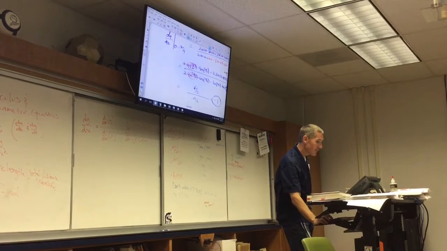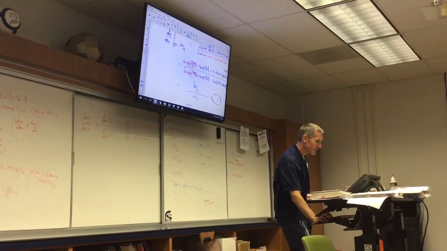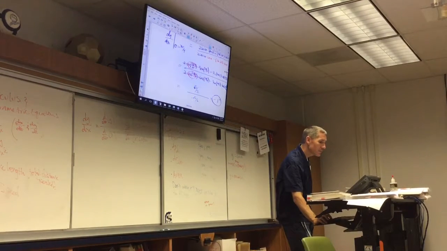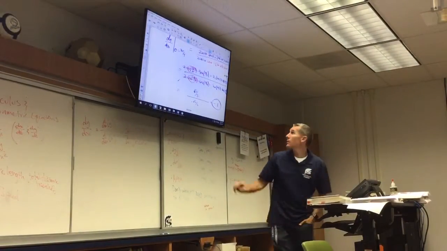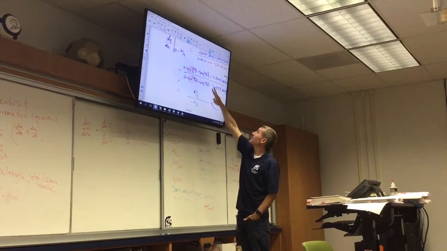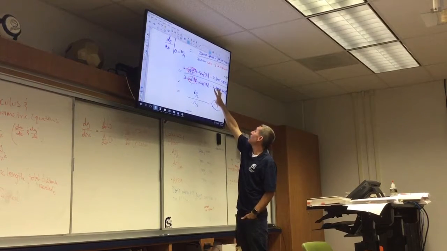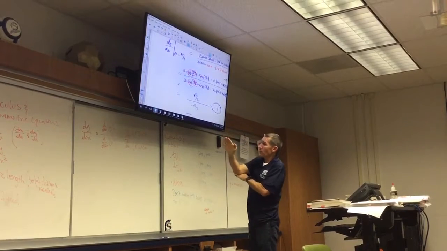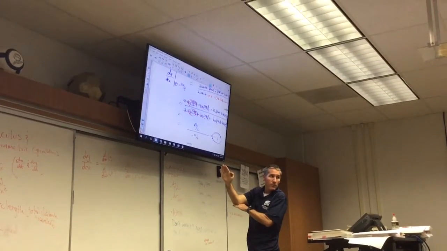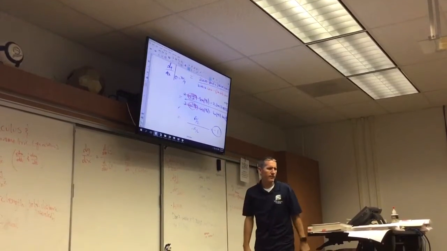Why is it negative 1? Because anything over its negative self is negative 1. Wait, how do you get a negative root 2 over 2? Since sine of 3 pi over 4 is negative root 2 over 2, negative 1 times negative is a positive 1. But in the second quadrant, the y is positive. Sorry, you're right.